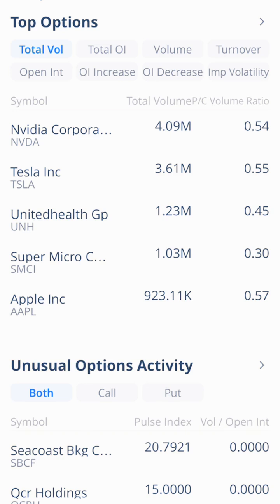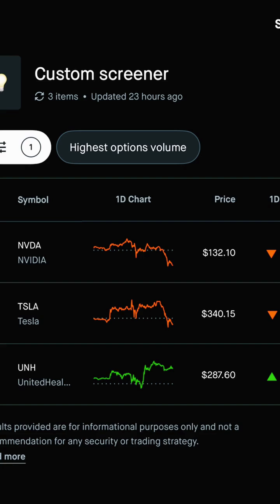And as you can see, the top 3 on this list on Webull actually matched up with the same 3 that I got on Robinhood, because my parameters are the same. I'm looking for stocks that have stock options to trade that have the highest options volume, meaning a lot of people trading this.